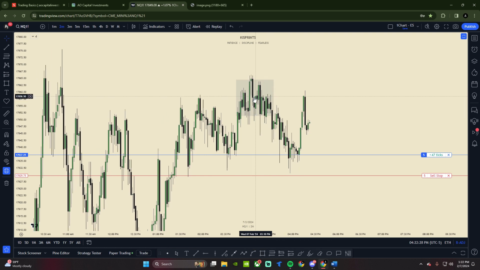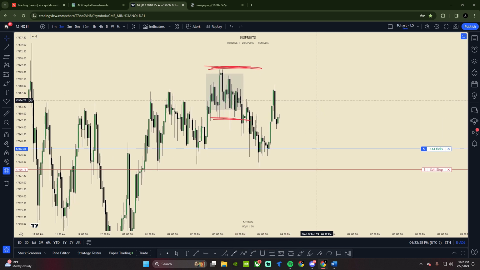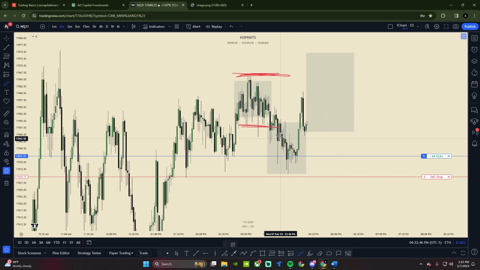This is accumulation. What is price doing right here? It's accumulating positions, lower and higher, right? So what is the power of 3? Power of 3 is accumulation, manipulation, distribution. In this scenario, what does price do? Price runs the buyers because people are buying here, and they have their stops below.